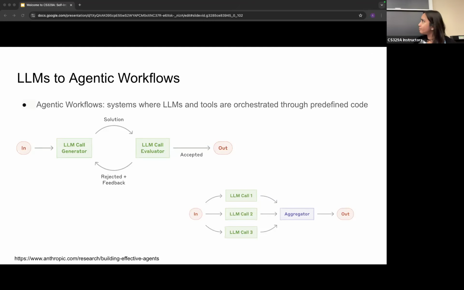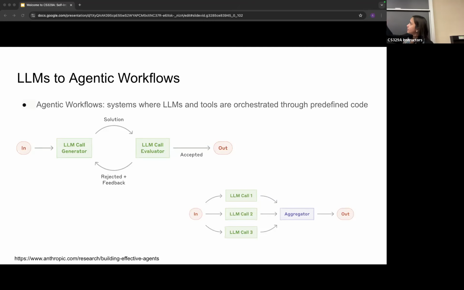There are two examples shown in this figure. On the top left, the LLM call on the left side, the generator, is given a goal and generates a solution, and on the right there's an evaluation. That's very similar to what Azalia presented as self-correction or self-evaluation.